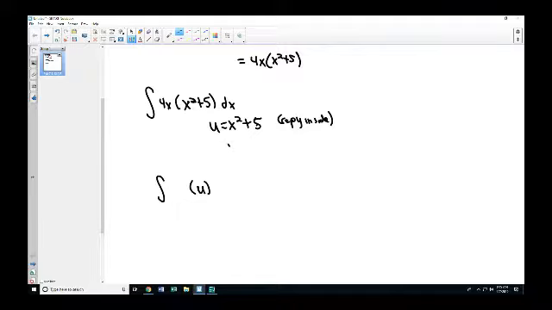Okay, now what else do we do to the inside? Okay, derive that. So the derivative of U is 2x. Don't forget to put your dx. That's deriving the inside.